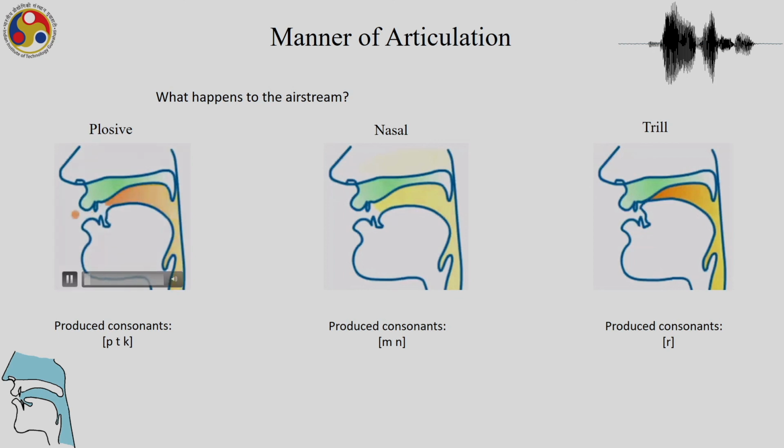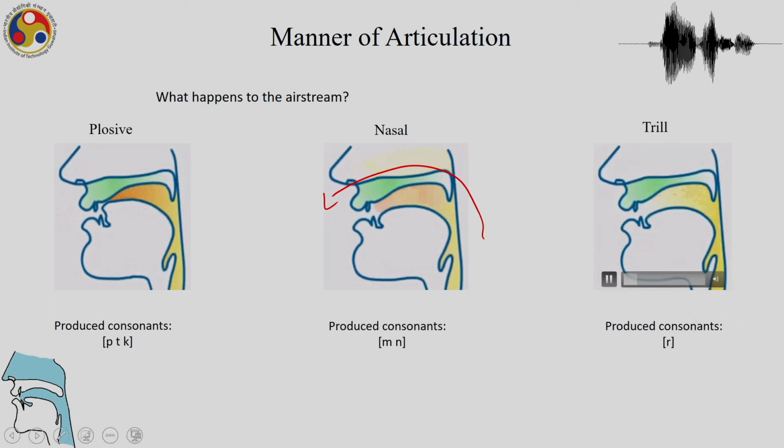Manner of articulation: you have a plosive, you have a nasal where the air is moving out of the nasal cavity also while making an obstruction inside the vocal cavity, and then you can also have a trill, as in the one here. So you can see the rapid tapping or flapping of the tongue blade there.